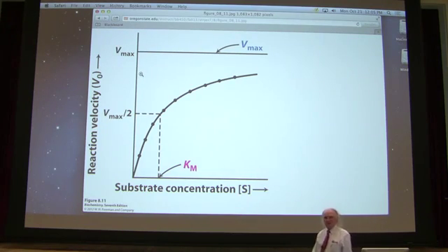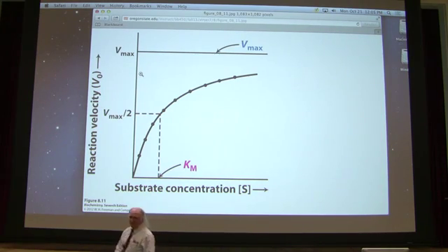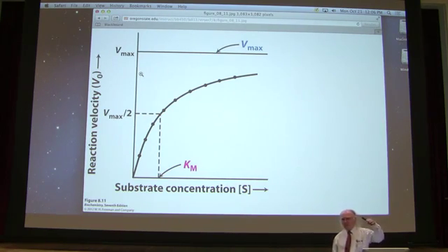Yes? Are these measurements taken at the beginning of a reaction? Good question. The answer is yes. We're interested in measuring these velocities early, because if we don't, we start accumulating product, and when we accumulate product, we start favoring the reverse reaction, meaning that we're going to see a lower velocity even though it's not really a lower velocity.